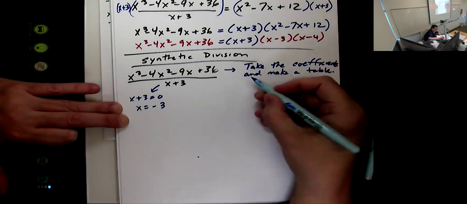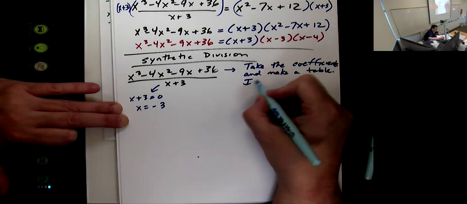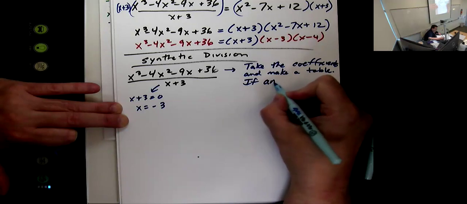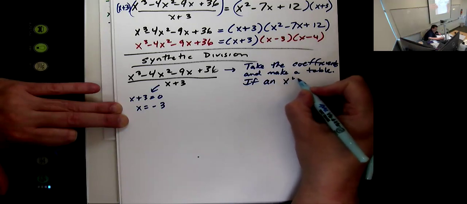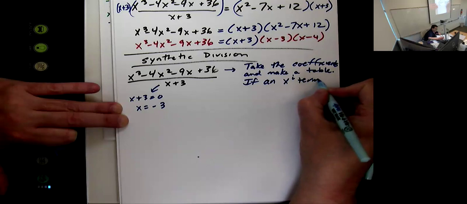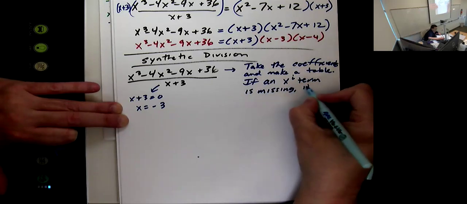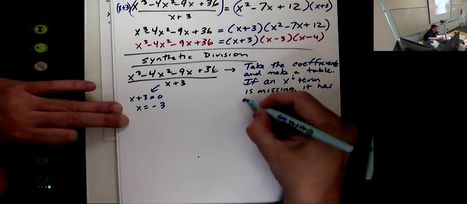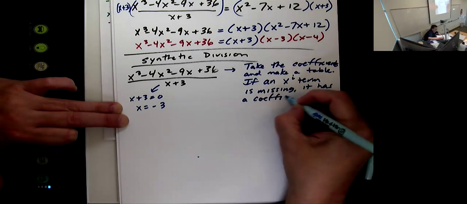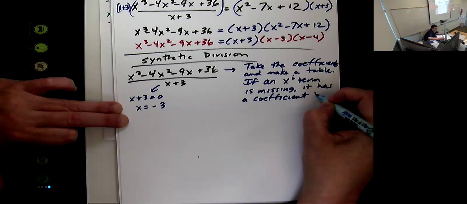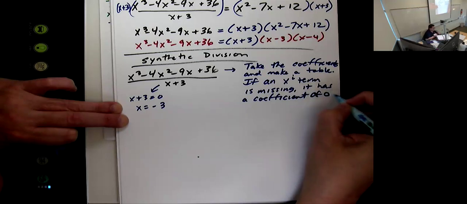And I want to say if an x to the i term is missing, it has a coefficient of 0. So you'll use 0, and I'll show you an example of that in a second. This one doesn't have any missing gaps.